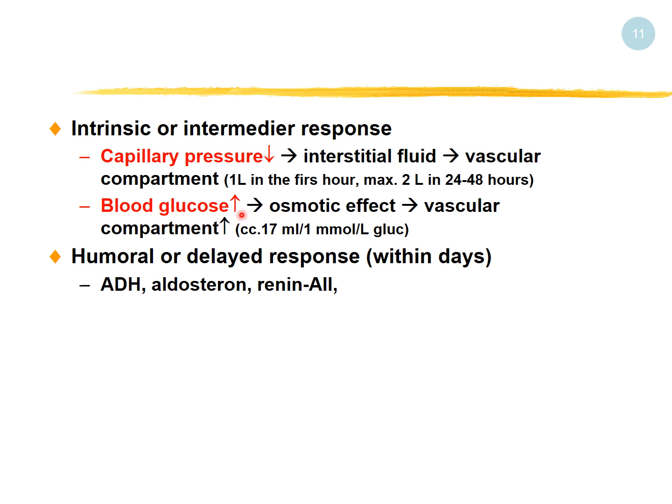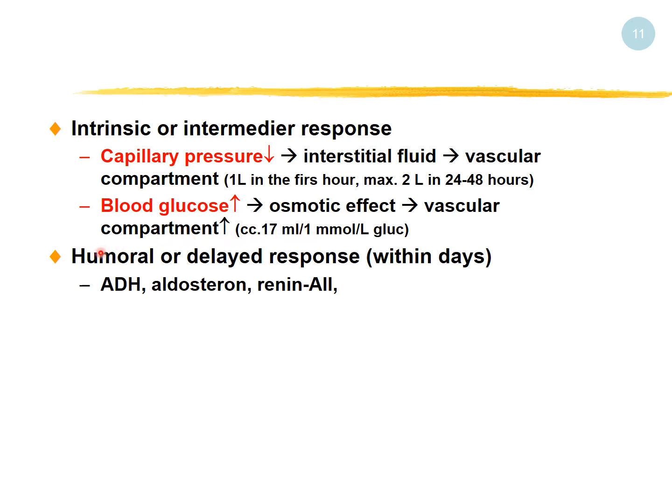When we have hyperglycemia, the osmotic effect pulls water into the vasculature, but that gives you not too much, about 70 milliliters per 1 millimole of glucose, so it's almost nothing.